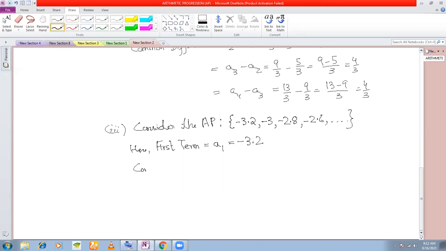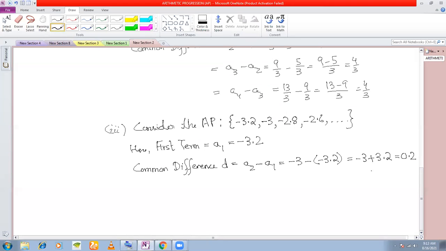Common difference D is, you can take the second term minus the first term, minus 3 minus 3.2, which is minus 3 plus 3.2, which is 3.2 minus 3, which will give you only 0.2.